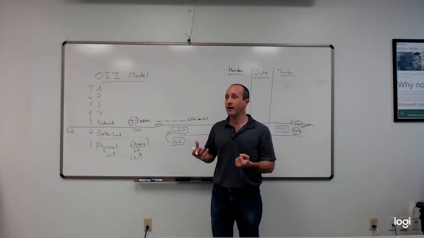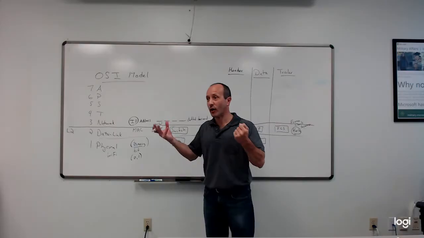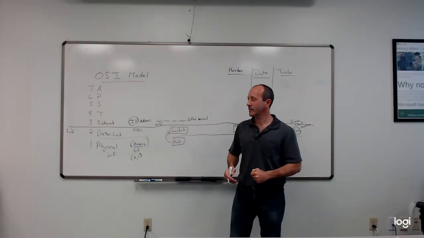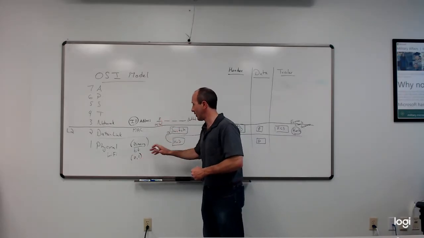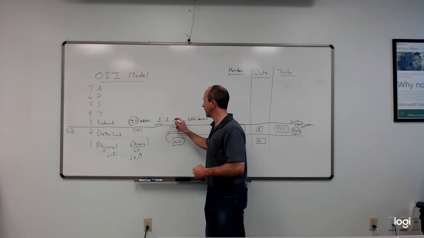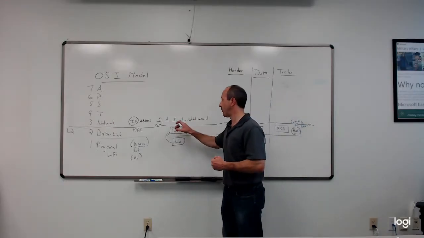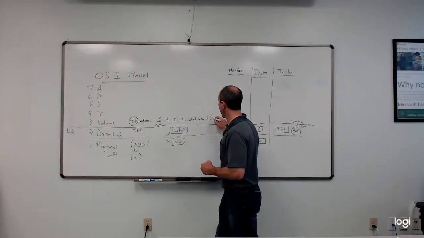An octet has 8 bits. An octopus has 8 arms. An octet has 8 bits. So there are 8 bits here, again, 8 zeros or ones. 8 bits here, 8 bits here, 8 bits here. So that means that the total number of bits in an IP address is 32.